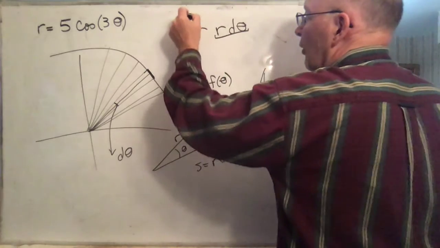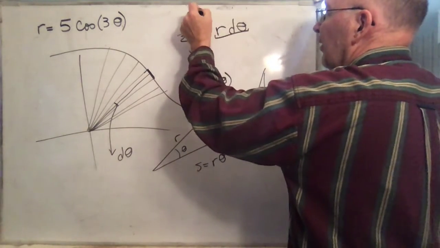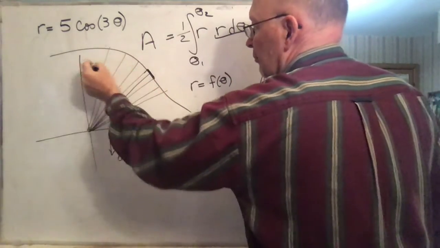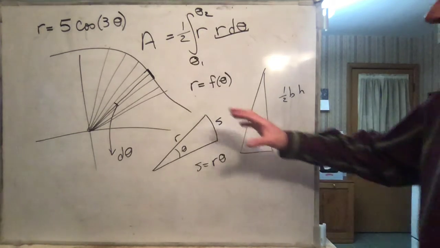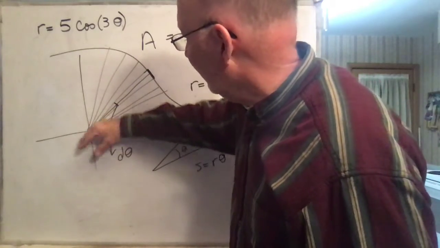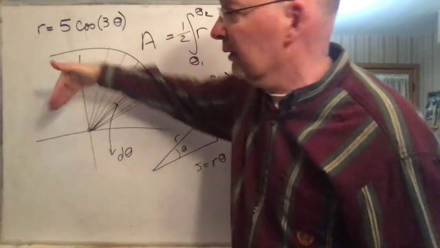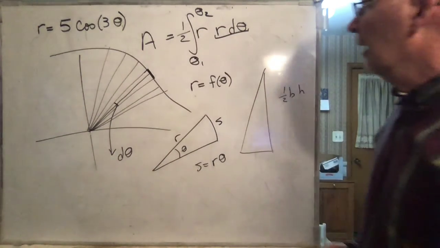And if you just add all those things up, as you start at one angle, theta 1, and end up at theta 2, you're going to get the area of a polar coordinate graph. And when I say the area, what I mean is it's the area in the region starting at the origin and starting at whatever angle you start at and going to whatever angle you end up at. Okay?